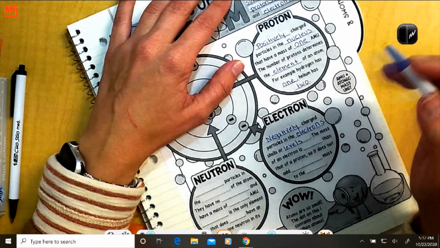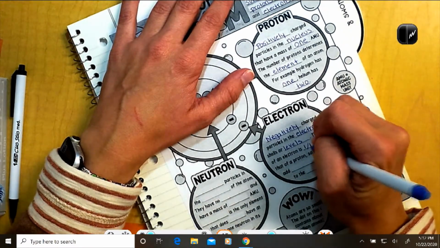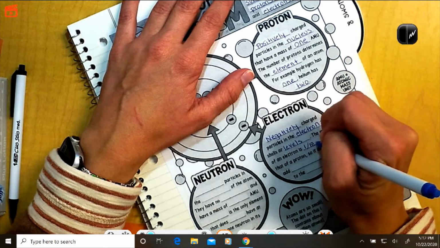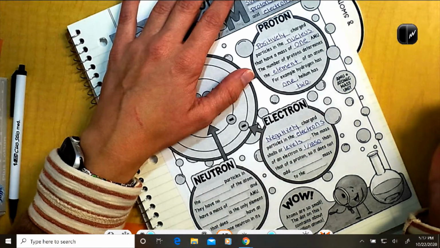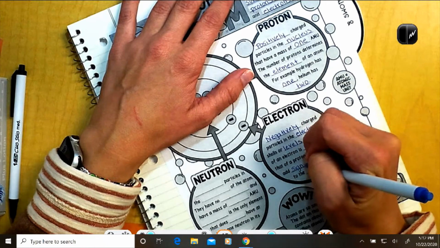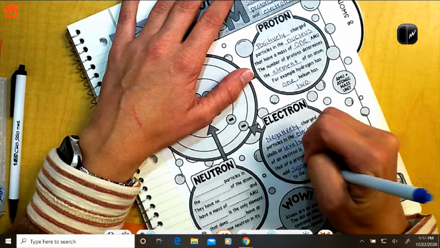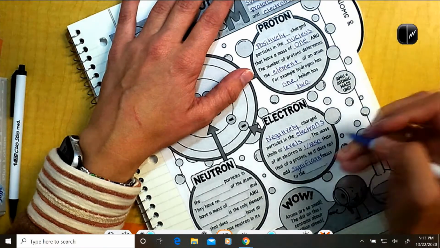The mass of an electron is really small. It is 1,850th that of a proton. So it does not add significant mass to the atom. Significant means anything meaningful.